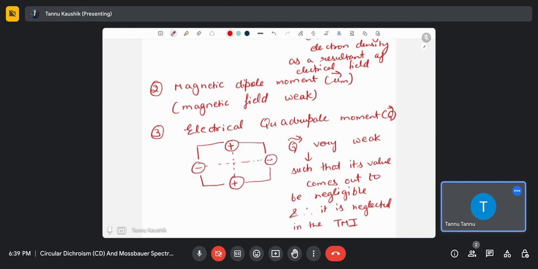So the two main dipole moment operators, which define whether a particular transition will take place or not, are dependent on the electrical dipole moment and the magnetic dipole moment.